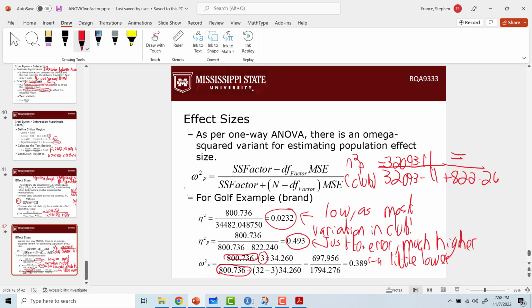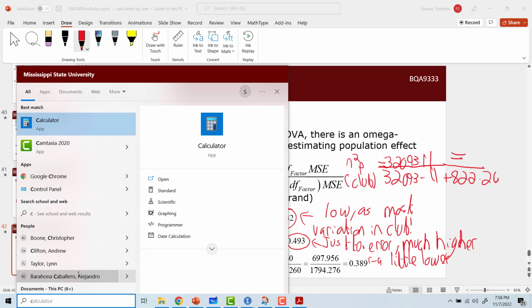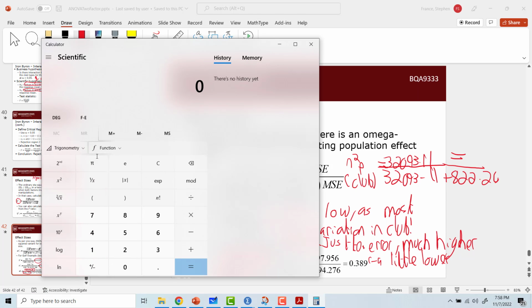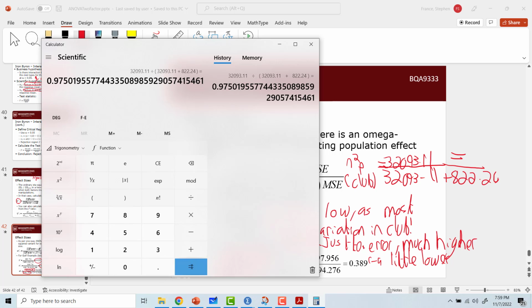And that gives us, let's look at the calculator. So we have 32,093.11 all over... So it's 0.975.